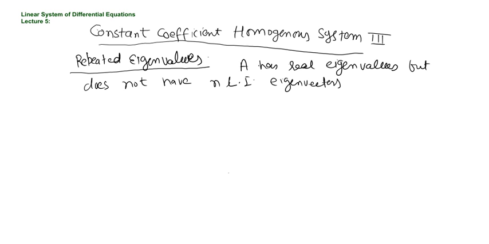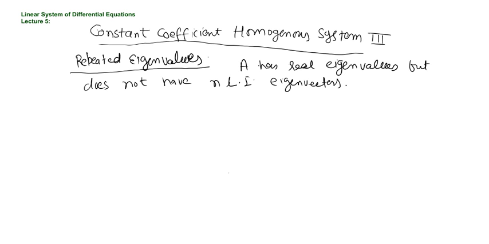So we are taking a matrix of order n, that is, an n cross n system. So A has real eigenvalues but doesn't have n linearly independent eigenvectors.